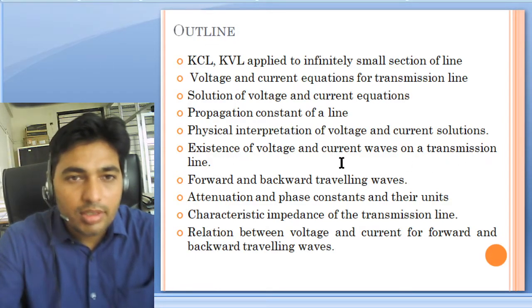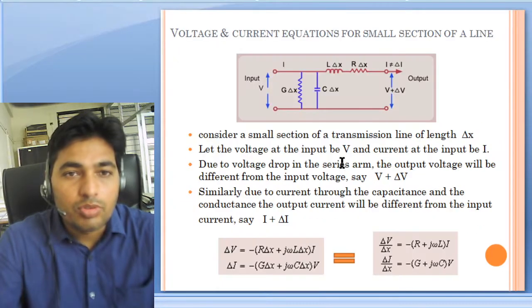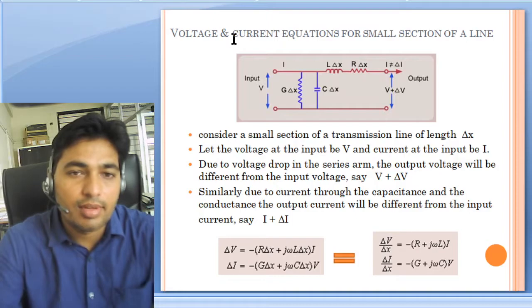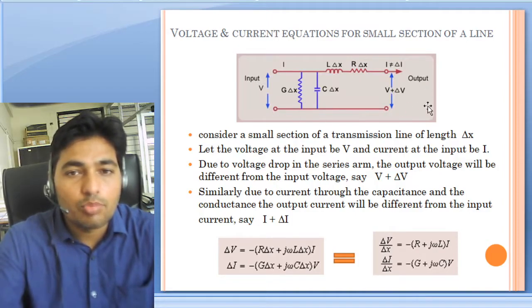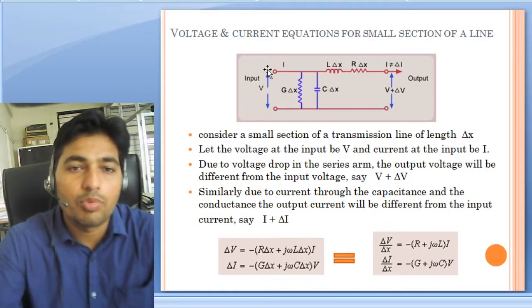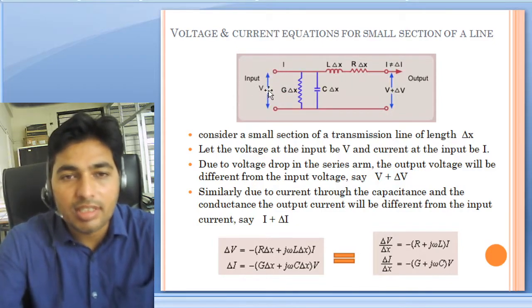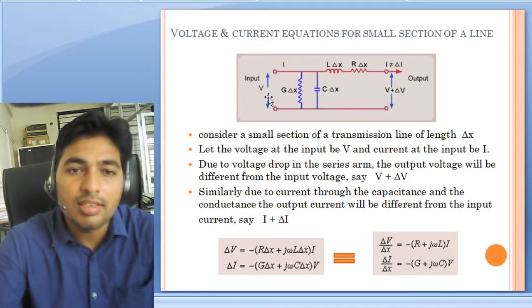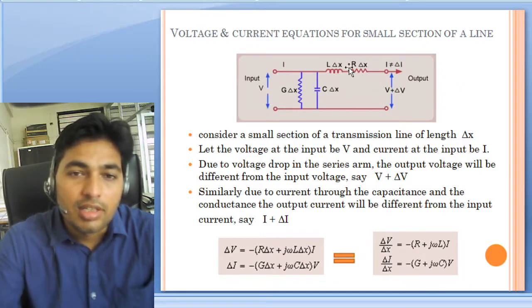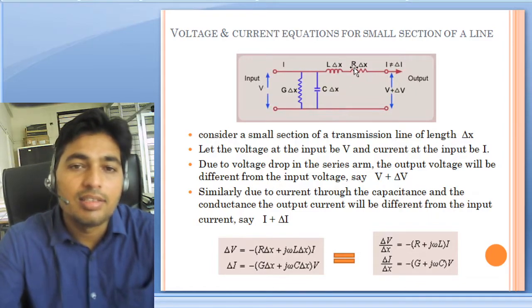Now we'll move to the solution of the voltage and current equations for a small section of a line. This equivalent model we have already seen in the previous lecture. We provide some input voltage at the input side, and we take the output at this side. In between we have the distributed parameters.